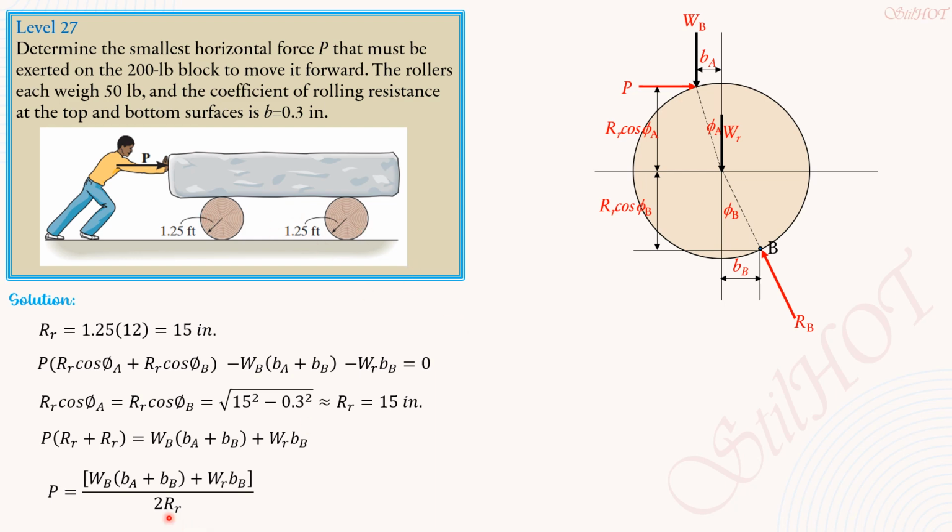So R_R is 15 inches, b_A equals b_B equals 0.3 inch, and the weight of the block is 200 pounds, W_R is 2 times 50 pounds, b_B is 0.3. So everything is given. So P is 200 times quantity 0.3 plus 0.3 plus 2 times 50 quantity 0.3, all over 2 times 15. Solving for P is equal to 5 pounds.